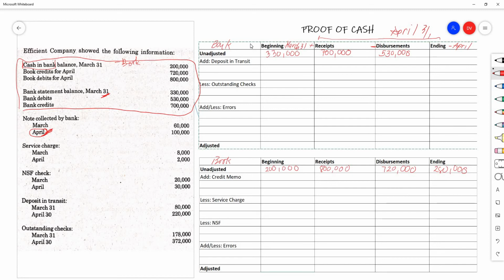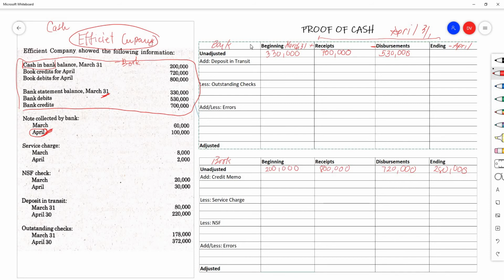Paano siya nagkakaganyan? Okay? Kasi sa bangko, ito yung point of view ni bangko, pag nagdeposito ka sa kanya, nadadagdagan yung cash ng bangko. Hindi cash in bank kasi bangko na yan. Okay, cash. Anong ilalagay niya dito? Ike-credit niya yung account ni, for example dyan, Efficient Company. Okay? So, kung mapapansin nyo, kine-credit niya yung pangalan ng company.